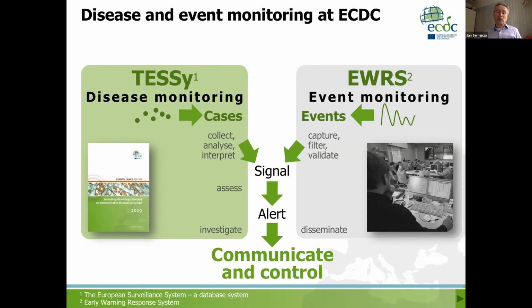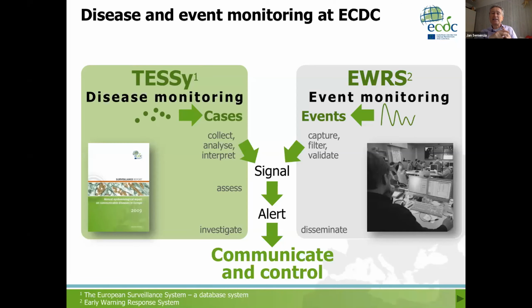And we basically conduct this European early warning and response system to monitor all kinds of events that are picked up by the media, for example, and we try to capture them, validate them, filter them, and then decide whether we need to bang the drums, alert public health, come up with a signal and alert to take public health actions and control measures. So these are the two monitoring systems that we have at ECDC.